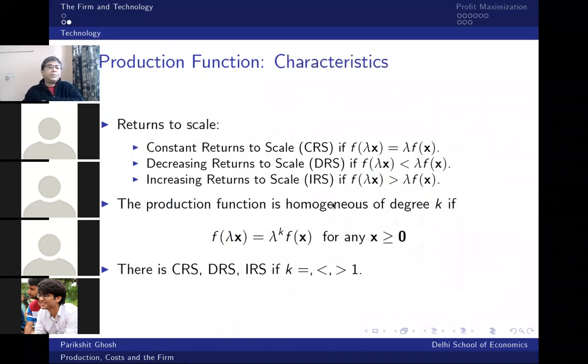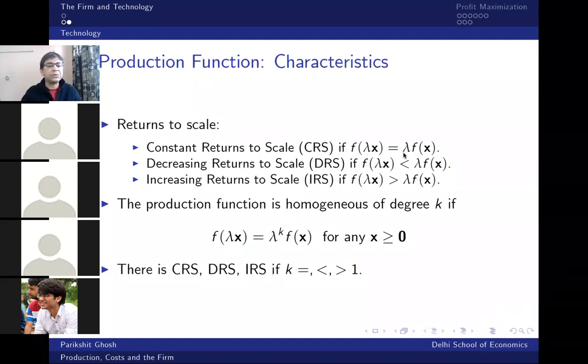Now, one feature of the production function which is important is the idea of returns to scale. Okay, so let's define what that is. Returns to scale measures what happens when you scale up inputs. Let's think of increasing inputs by the same proportion.